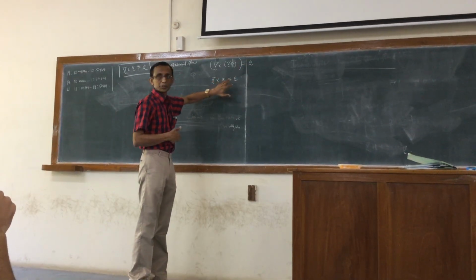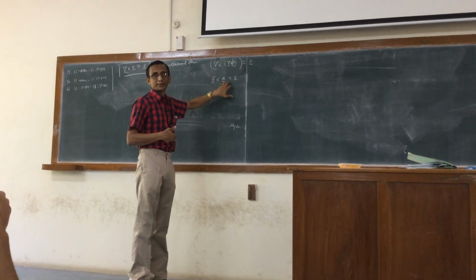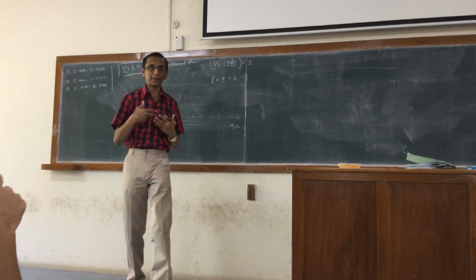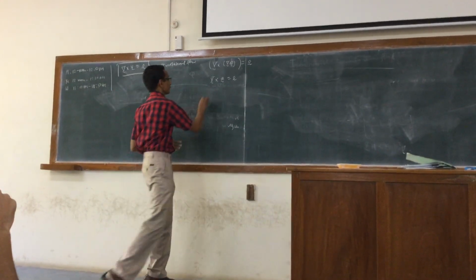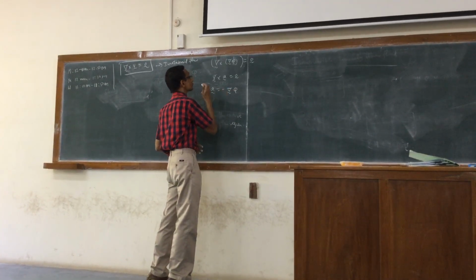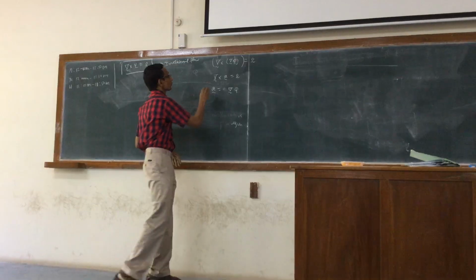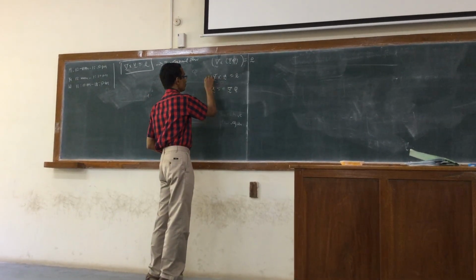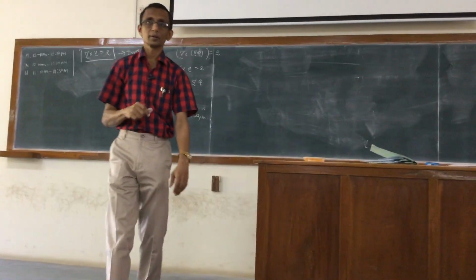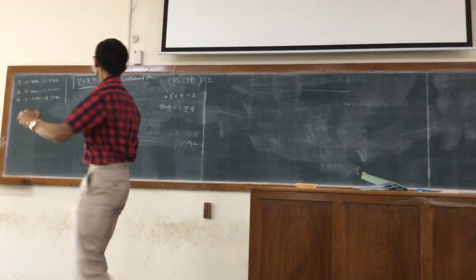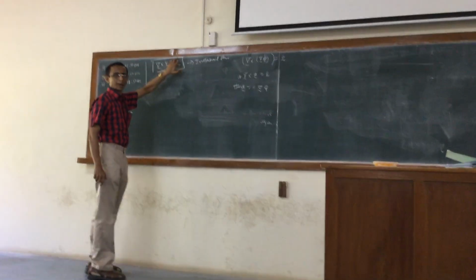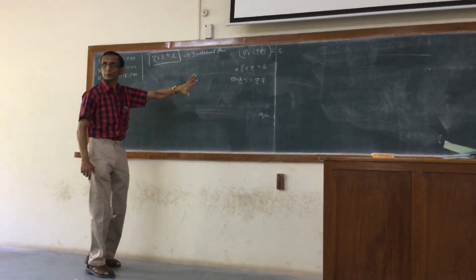But it can also be shown that if the curl of the vector is 0, then there exists a scalar for which the vector is given by, let's say, minus or plus, it doesn't matter, the gradient. So if this, then this is true. So what this means here is that irrotational flow, since the curl of V is 0, I am not going to get into the proof of that, but it can be shown.